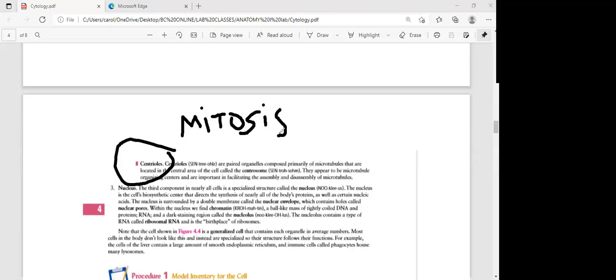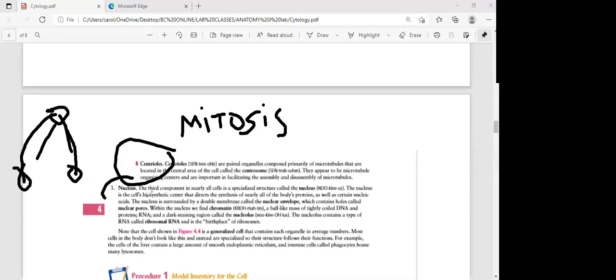It's going to make sure that half of the set of chromosomes will go to one cell and the other half goes to the other cell. So what is mitosis? Cell division, meaning you have one cell and you're going to get two cells. So what is mitosis? Getting two cells from one. The job of the centrioles is to make sure that the DNA that you have will go to this cell and the other set will go to this other cell.